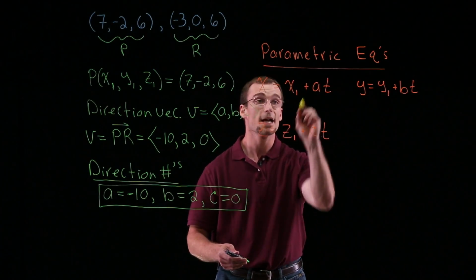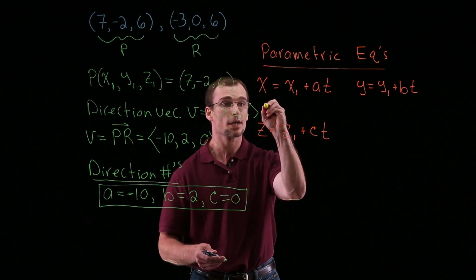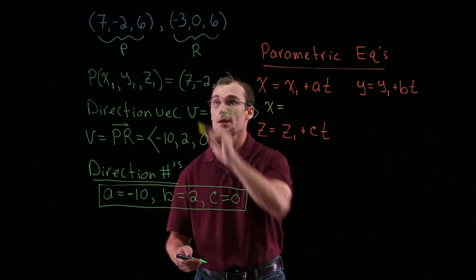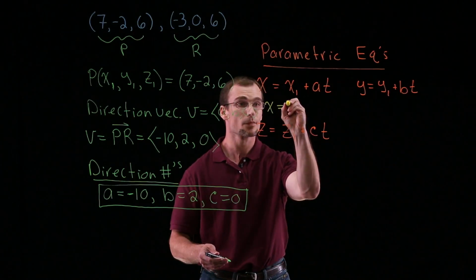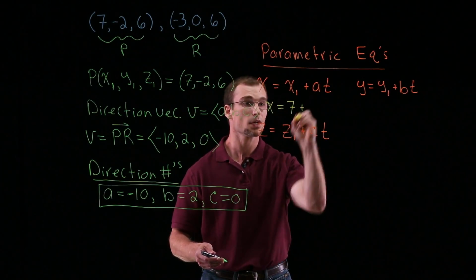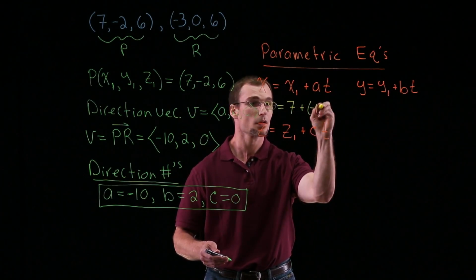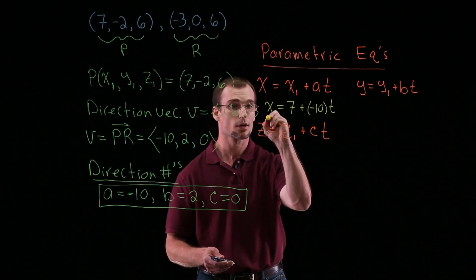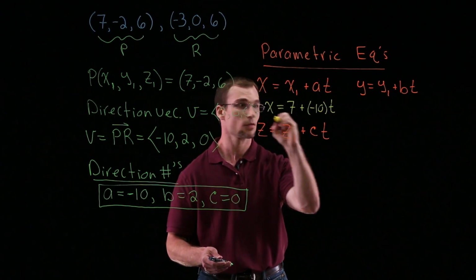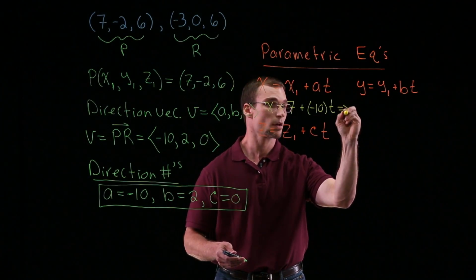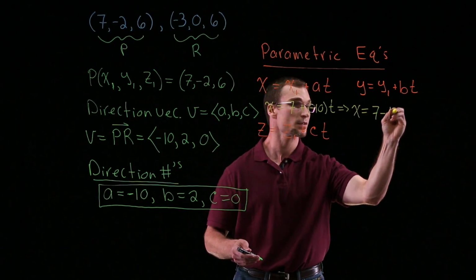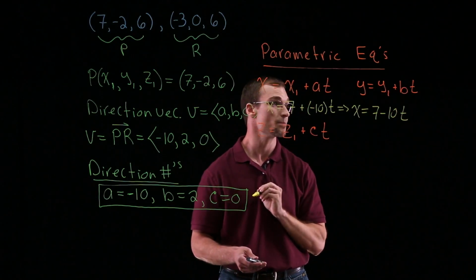So for x equal to x1 plus a times t, we're going to have x equal to x1, or the first coordinate in our point P, 7, plus a, -10, times t, or x equals 7 minus 10t.